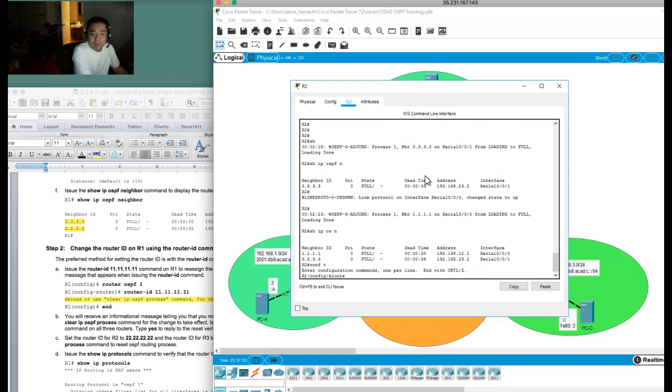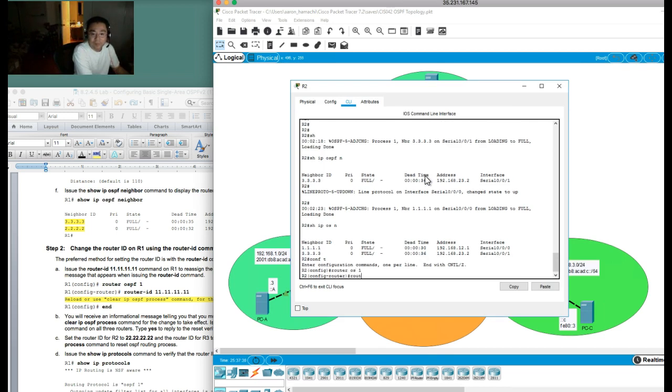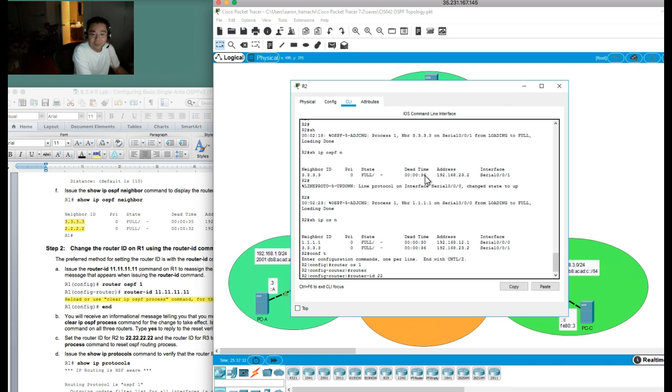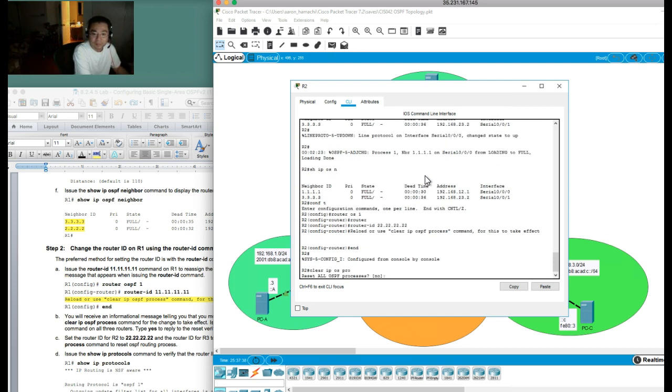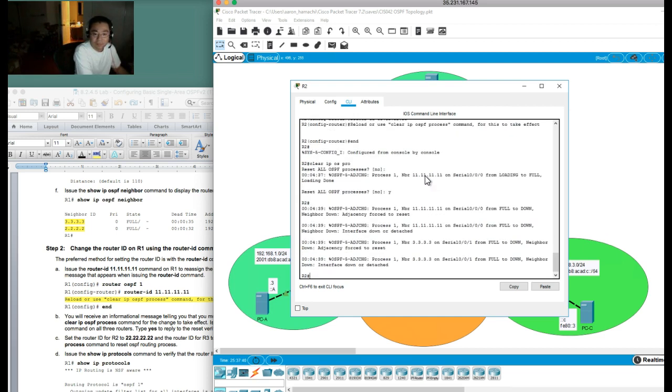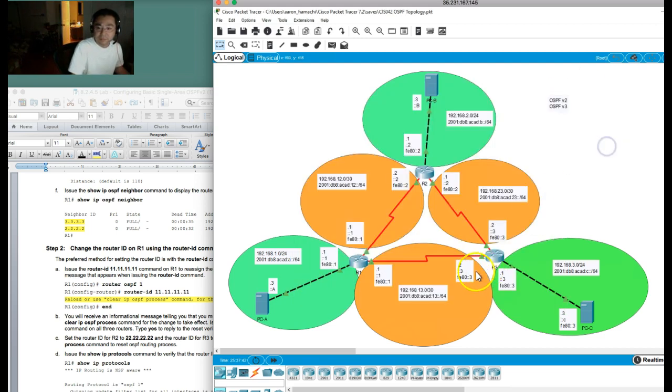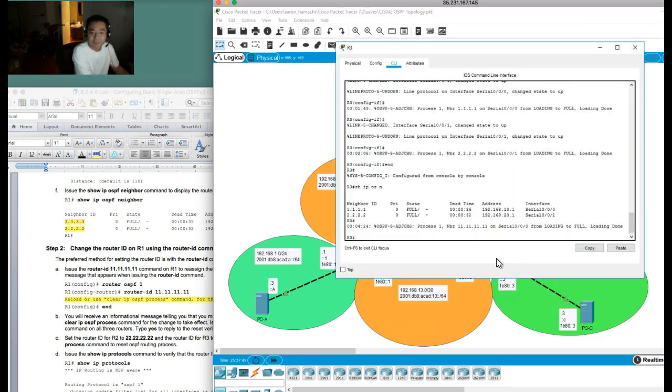Same with router 2. Router ID is. Same with router 3.